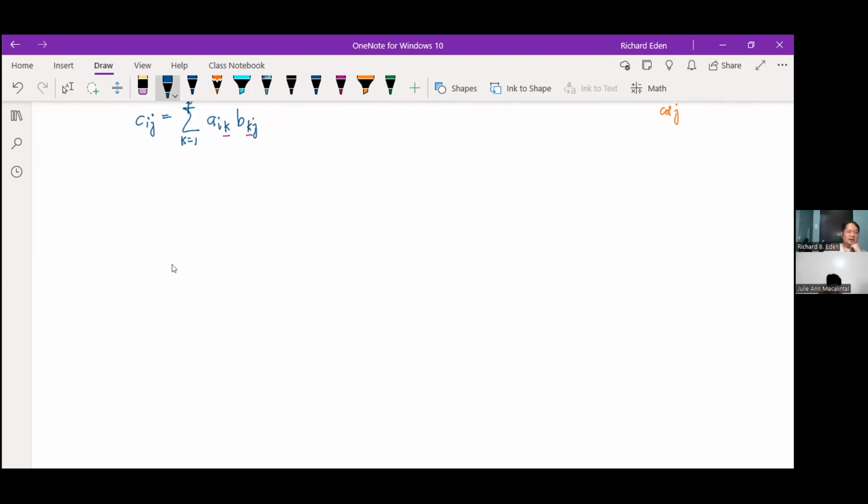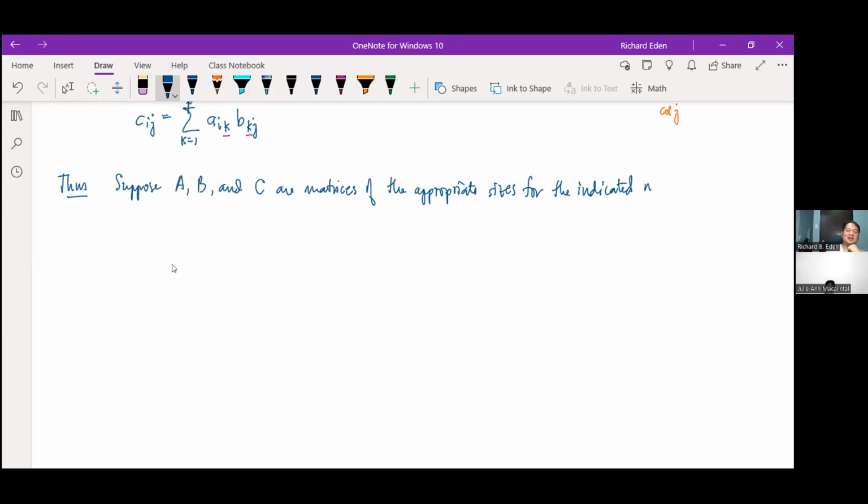Okay, a theorem about multiplication of matrices. Suppose A, B, and C are matrices of the appropriate sizes for the indicated multiplication. In other words, I'll be writing down some multiplication statements. Assume that the sizes are compatible.